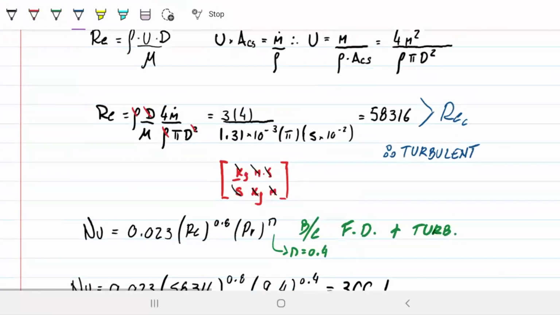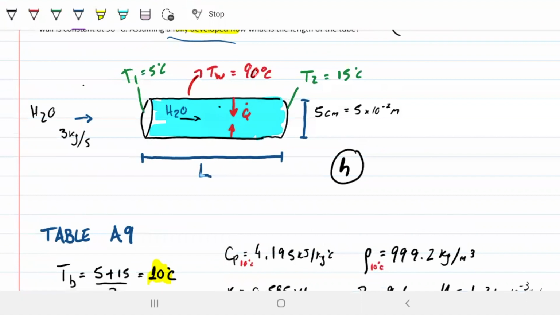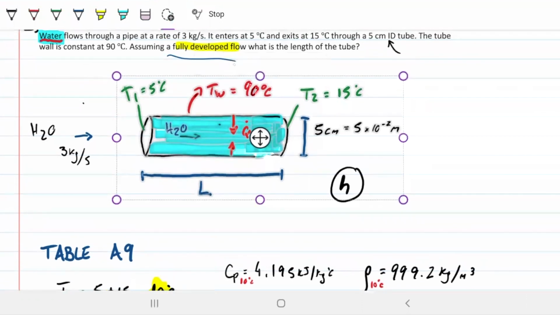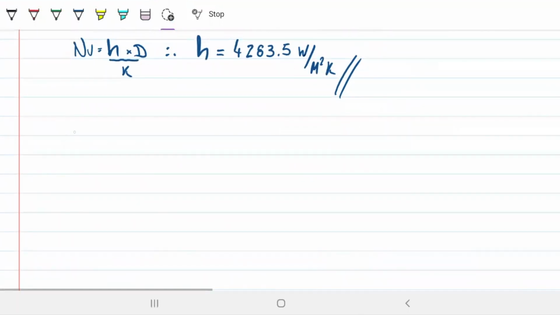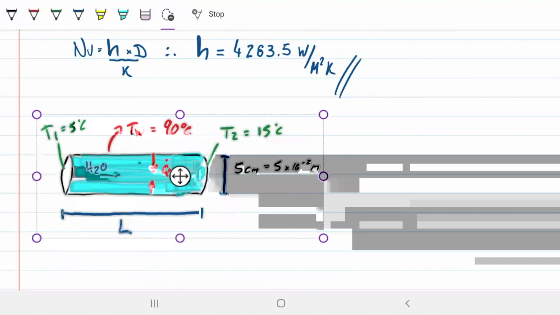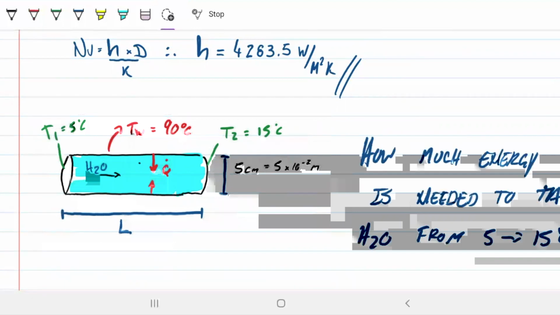Let me copy this. What I want to answer now is how much energy is needed so that I can take my water from 5 to 15.